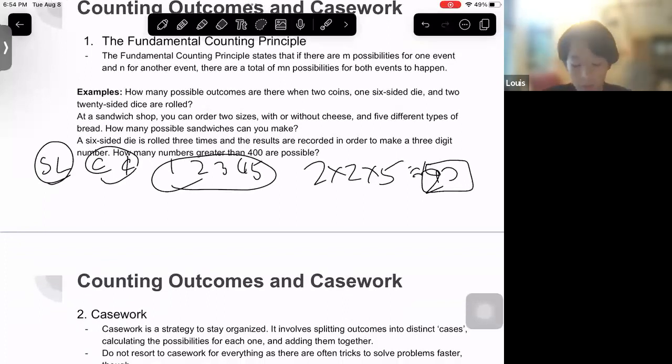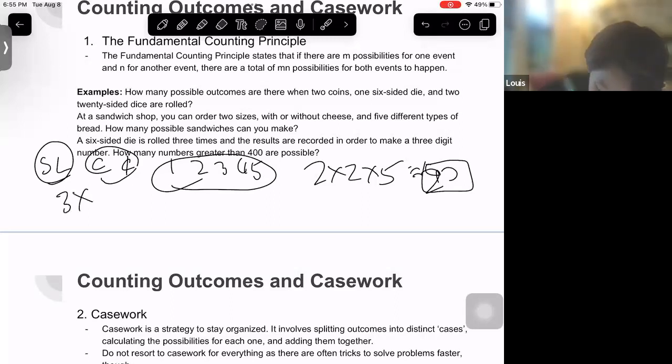And for the third one, a 6-sided die is rolled 3 times and the results are recorded in order to make a 3-digit number. How many numbers greater than 400 are possible? So the first roll can be 4, 5, or 6.